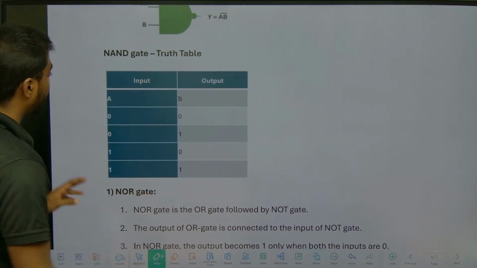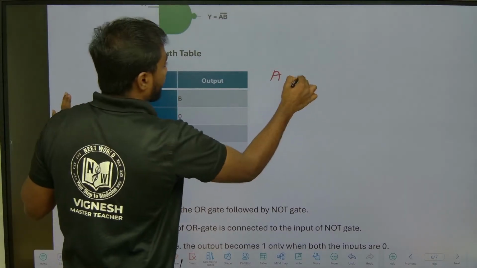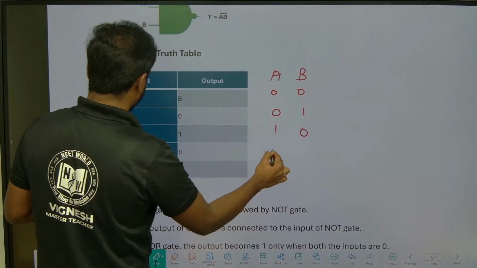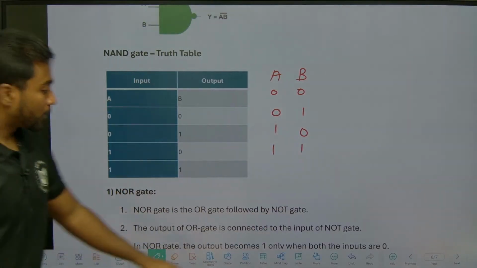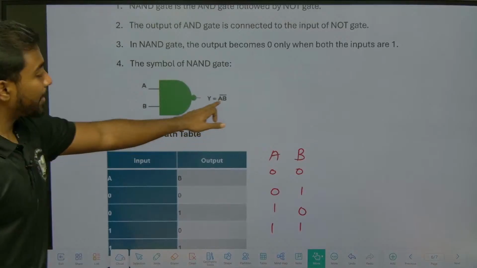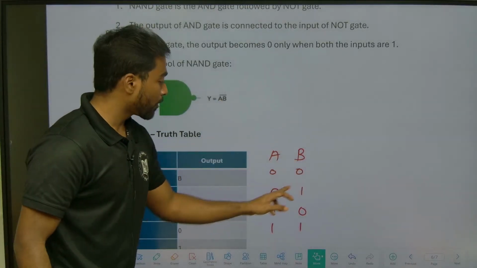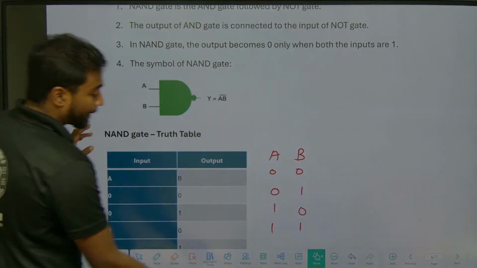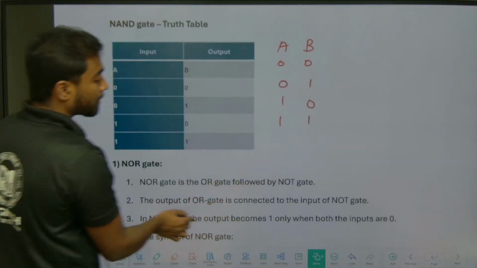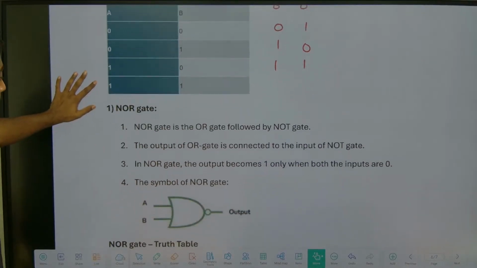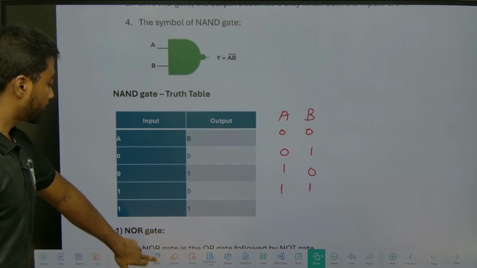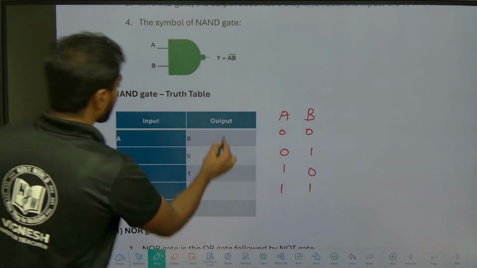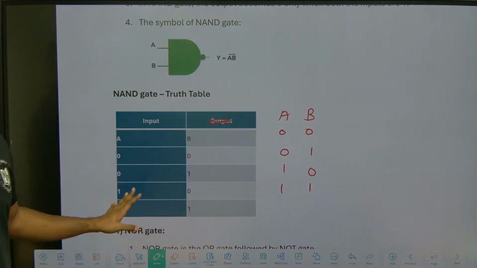So if you see here, A B: 0 0, 0 1, 1 0 and 1 1. If you note down here, the output is 0 0 0 1 for the AND gate, where the output becomes 1 only when both inputs are 1. These are the inputs of both A and B, not the output.